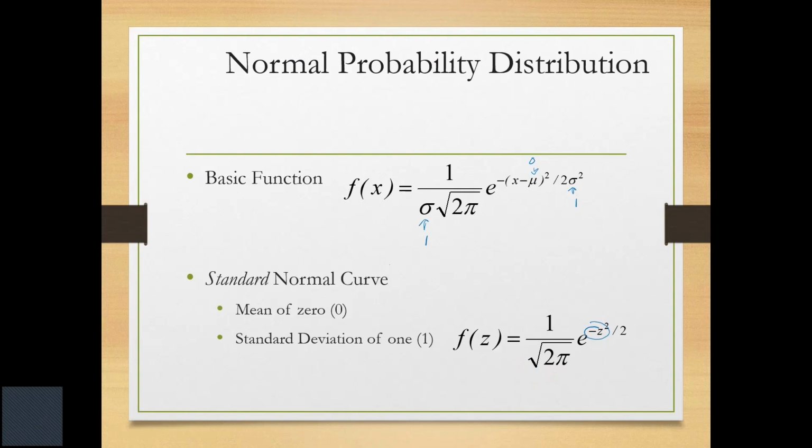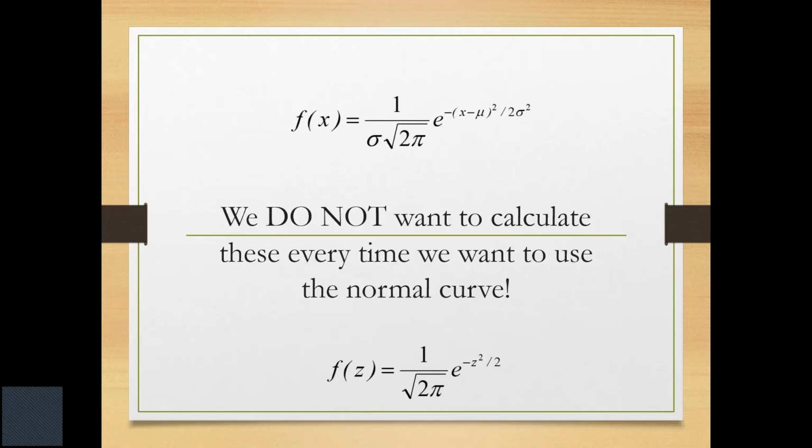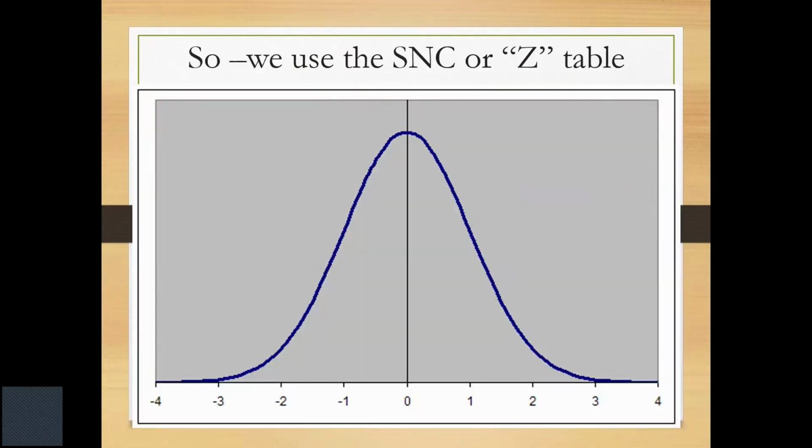If we can take our data and map it onto this model, that will help us figure out the probability of finding different values and points in our own data. We don't want to calculate this every time we want to use the normal curve. No, no, no, not fun. So we're going to have some help, but luckily we have help. We have a standard normal curve or Z table, and we also can do this in R.